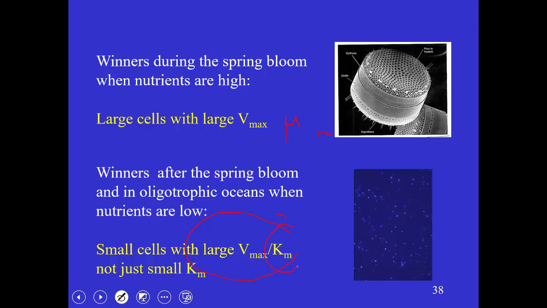So you can see that if this is really low, or if that's really, really high, these organisms are going to win out. Simple answer is yes, a very low Km will help and win, but the really better answer is the ratio is the best predictor of who's going to win.